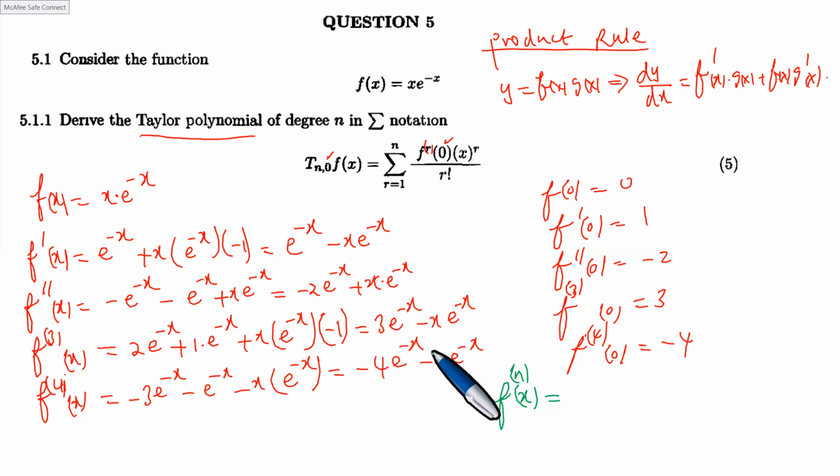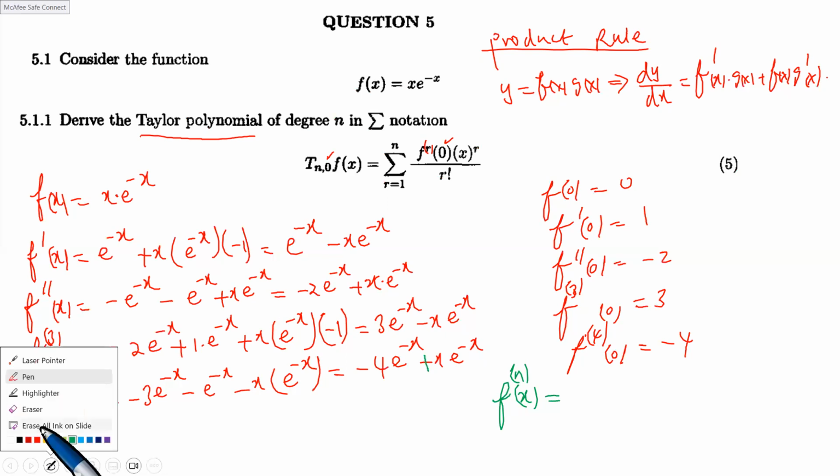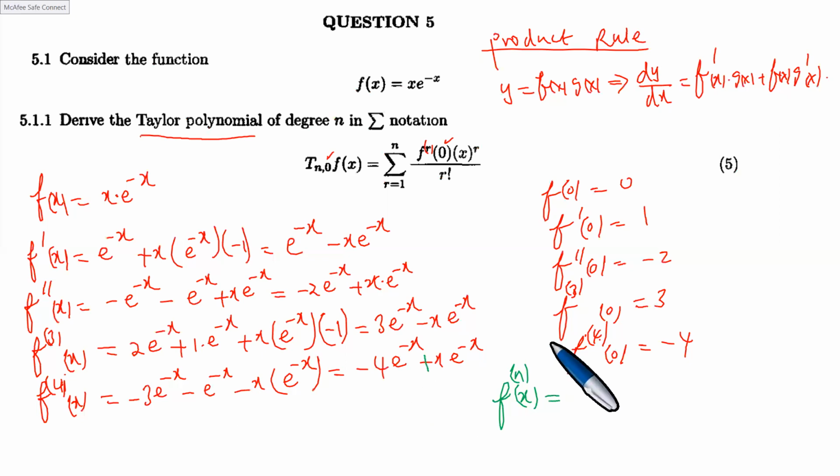Okay, let's check. I think, yeah, this must be plus. But it does not affect that answer because it is x times and x is 0.